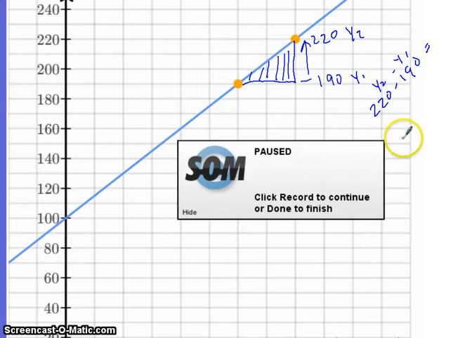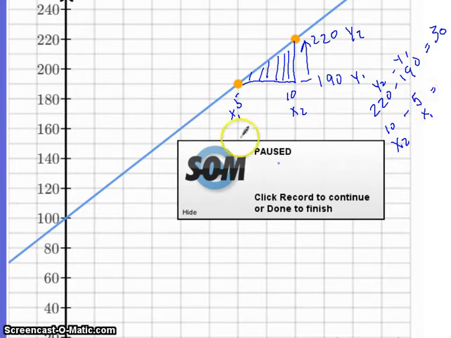What's 220 minus 190? 30, which is what I wanted. Because this is x1 and this is x2, and the difference between those, I believe in time it was, I can't remember, 5 and 10, or it could be 10 and 15. So in that case it would be x2, which is 10, minus x1, which was 5.